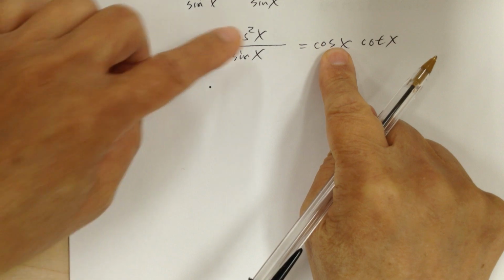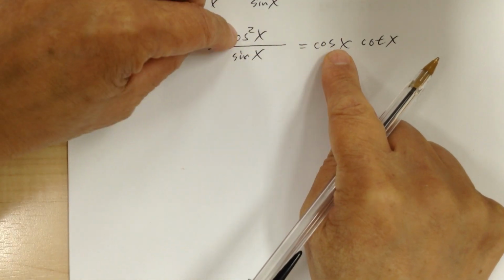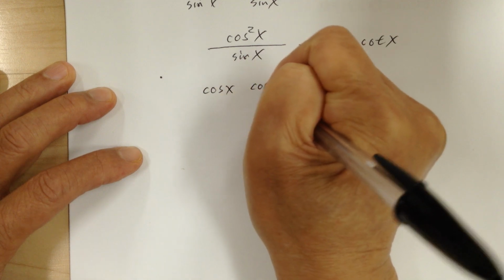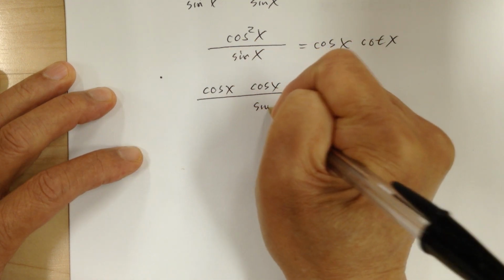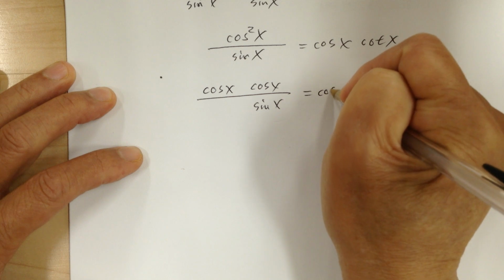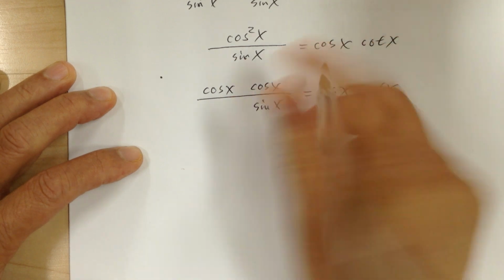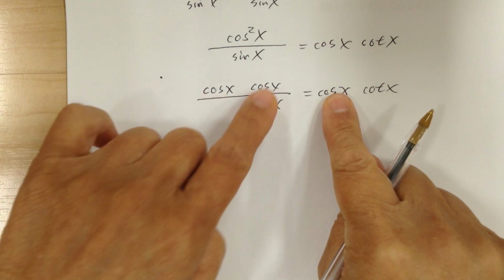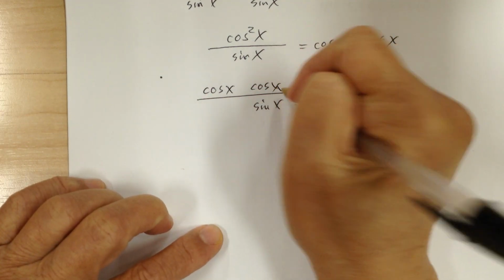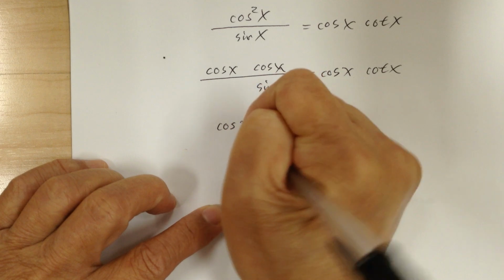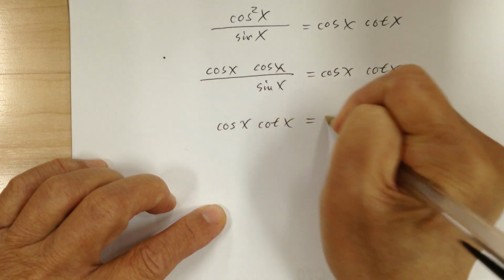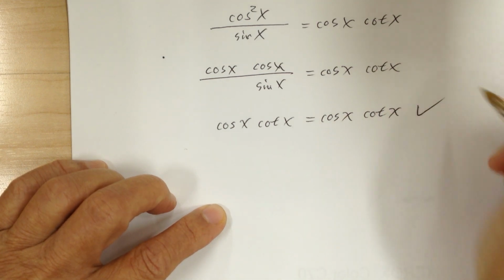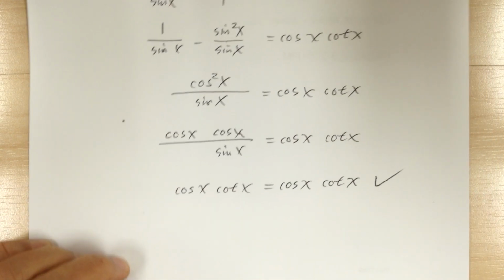Now notice there's a cosine, so that's a right match. See the cosine squared, let's write it out. And if you notice that this matches, and this will give you cotangent, right? So this becomes cosine x cotangent x equal to cosine x cotangent x, and check, okay, and done.